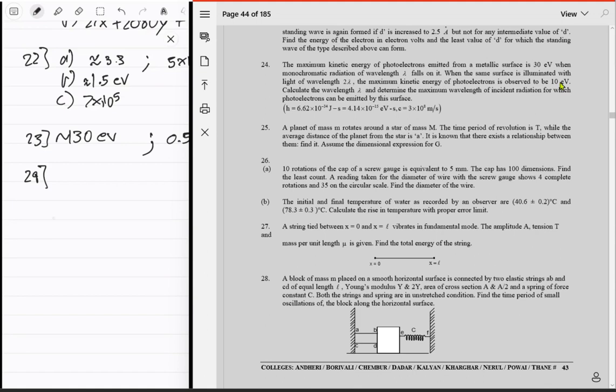Oh, we also want to calculate the maximum wavelength of incident radiation for which photoelectron can be emitted by this surface. So basically, okay, this is just unbearable, isn't it?